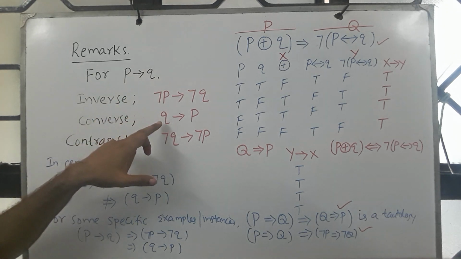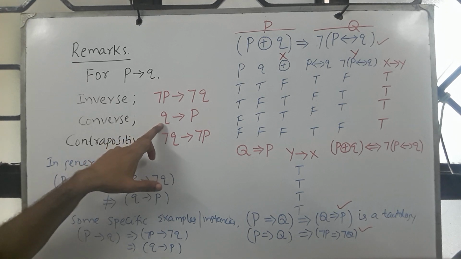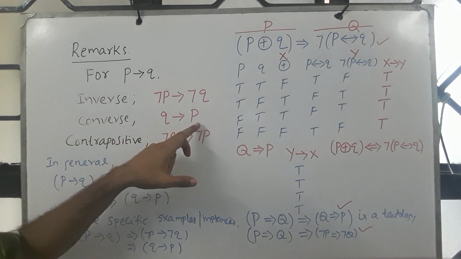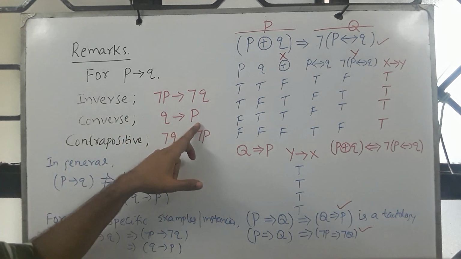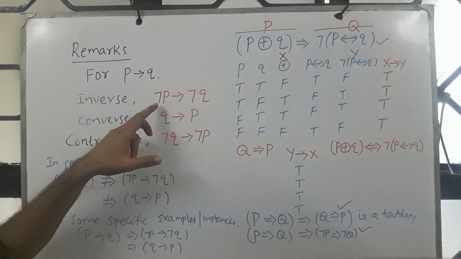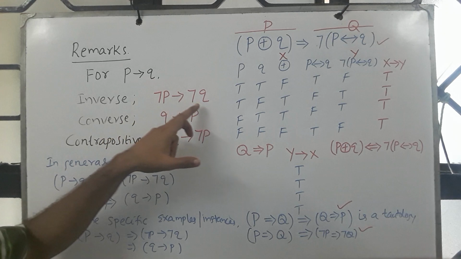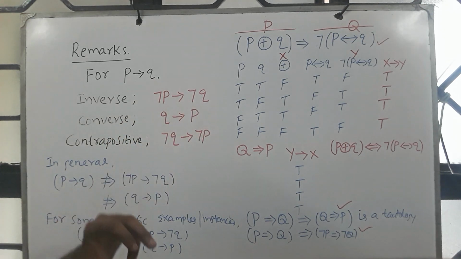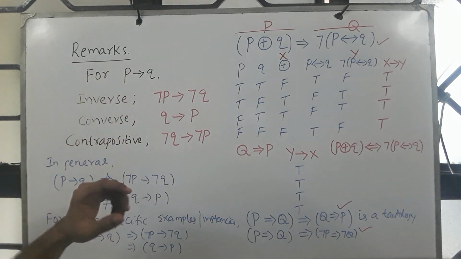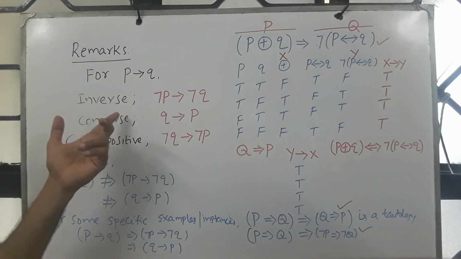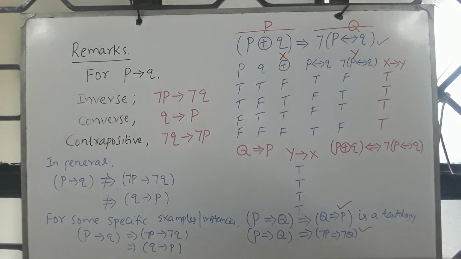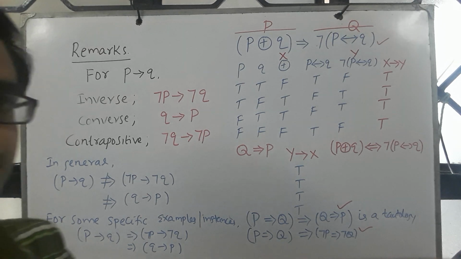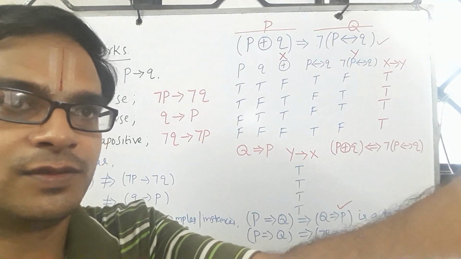And converse will tell you, if I score good marks, then I've studied well. And inverse says, if I don't study well, then I don't score good marks. Okay. And so given P and Q, one can construct related statements such as inverse, converse, contrapositive, and so on. Hope this is fine.